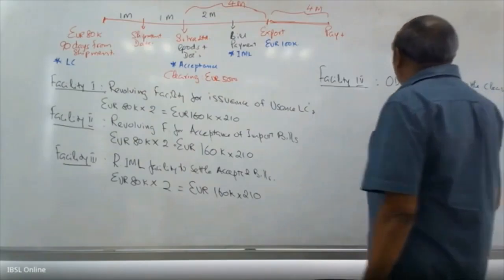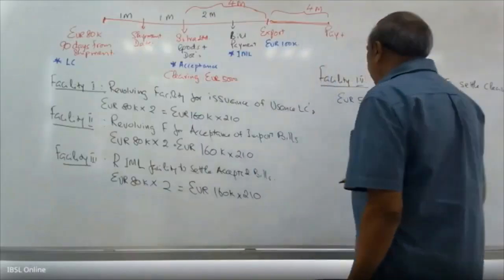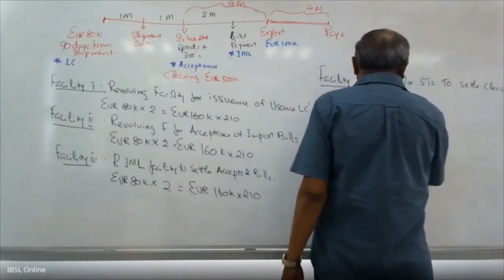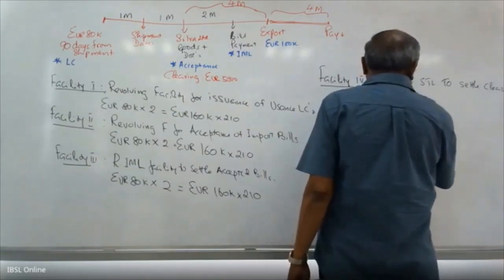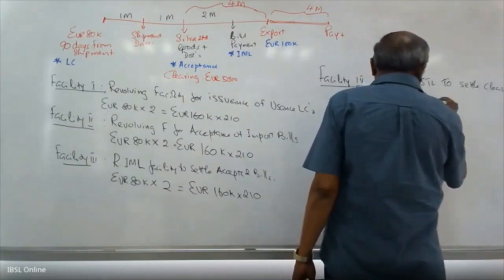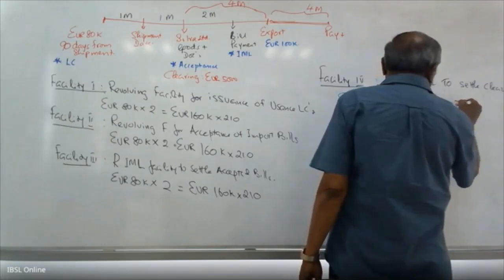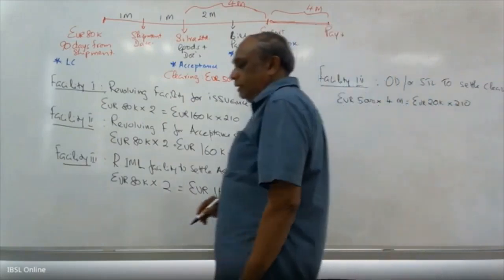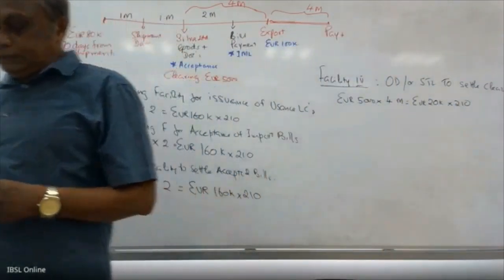Normal. Euro 5,000 into 4, 4 months. Very good. Euro 20,000 into 210. Rupees will answer it then.